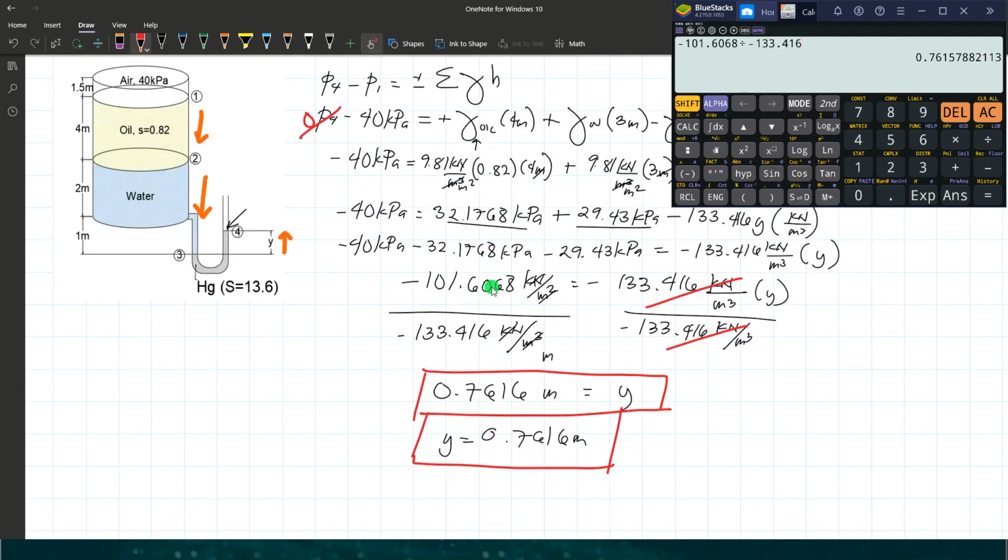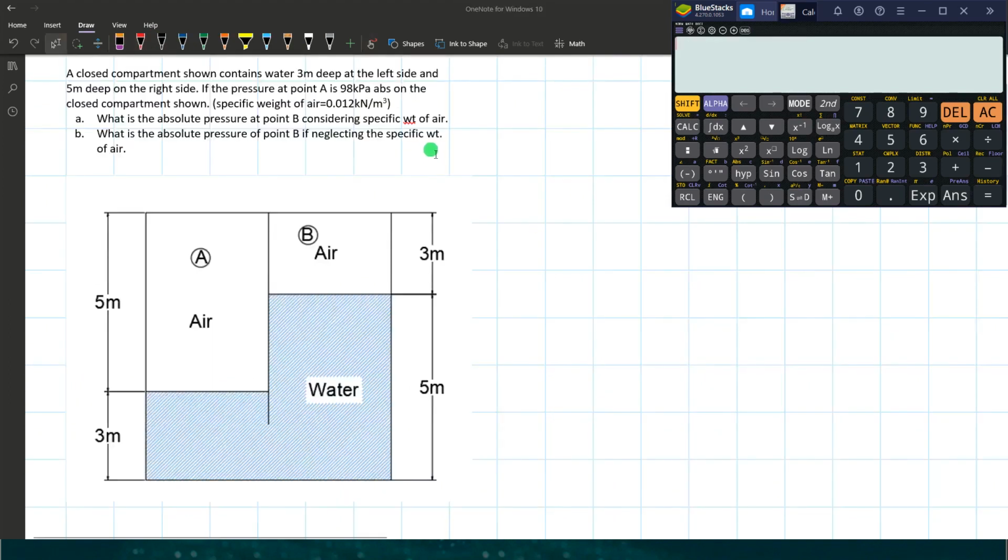Last problem. The closed compartment shown contains water 3 meters deep at the left side and 5 meters deep on the right side.